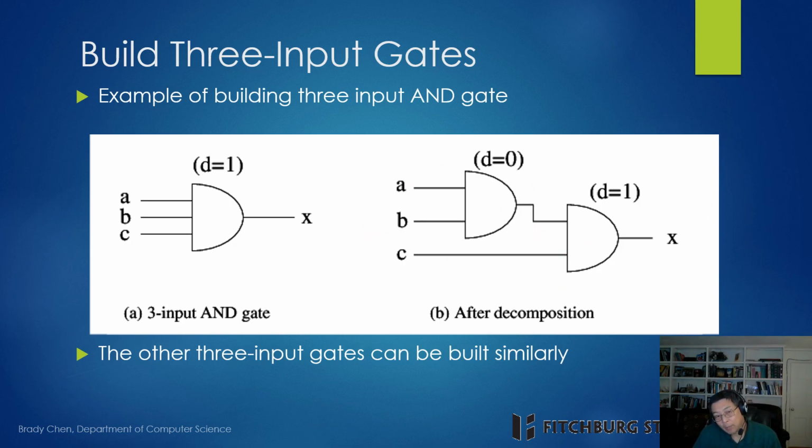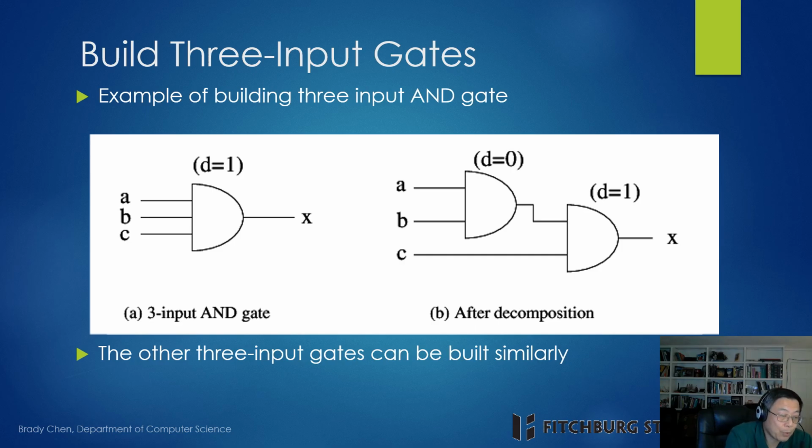So far we have talked about how to build a NOT gate, NAND gate, AND gate, NOR gate, and OR gate. Now, in this slide, we're going to briefly talk about how to build 3-input gates from 2-input gates. It's pretty simple. If you look at this diagram, on the left side are the 3-input gates, and the right side are the 2-input gates.